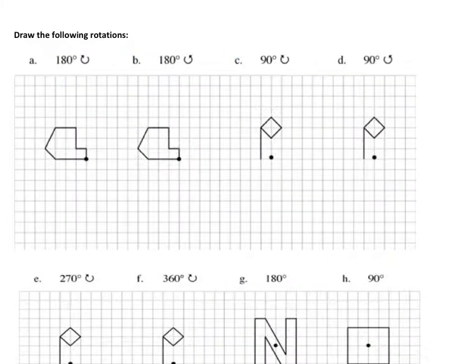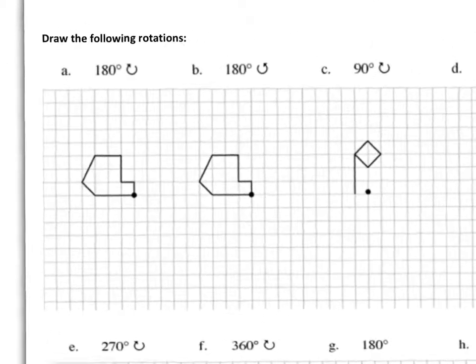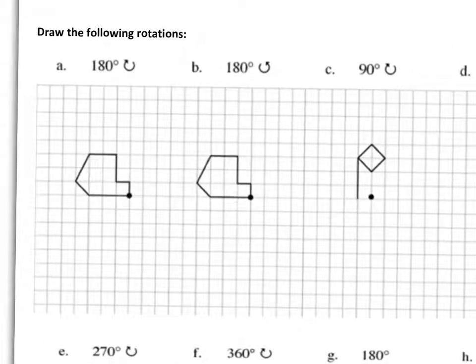Okay, these figures, we are rotating it about the point that's given to us here. So this is going to be rotated 180 degrees clockwise. So it's going to go in this direction 180 degrees. And when we do that, we're going to rotate each point about the origin 180 degrees.